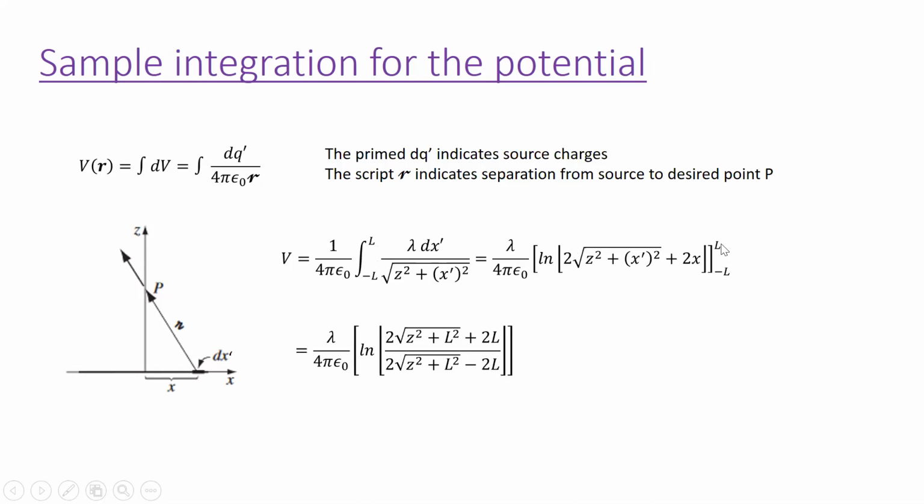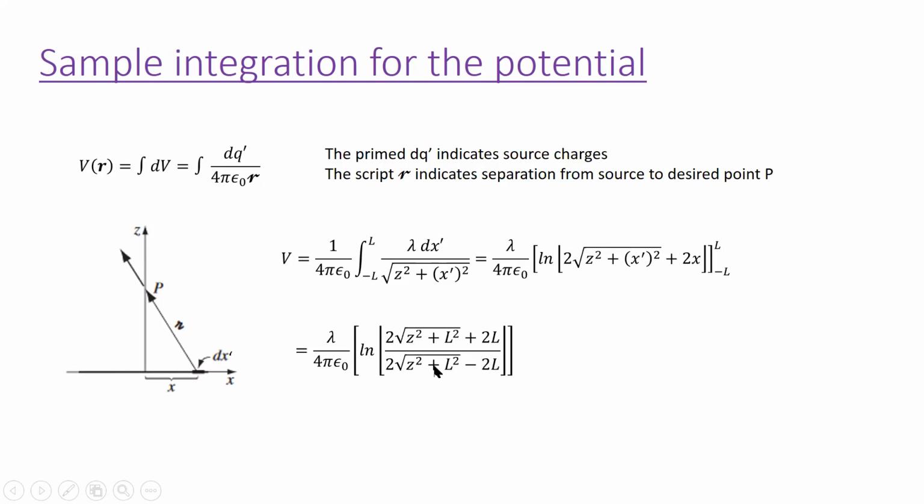And when we evaluate from minus L to L, we just plug in L for x prime, and we get 2 square root of z squared plus L squared, etc. Okay, so we get this expression here.